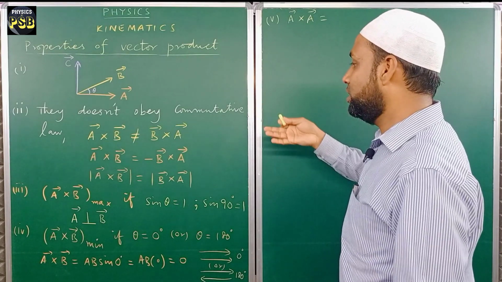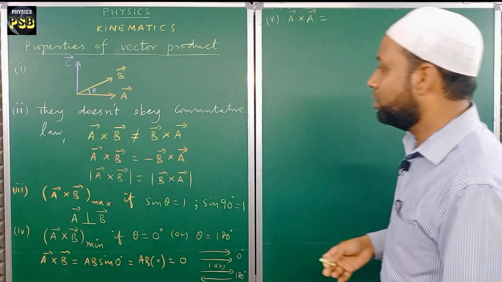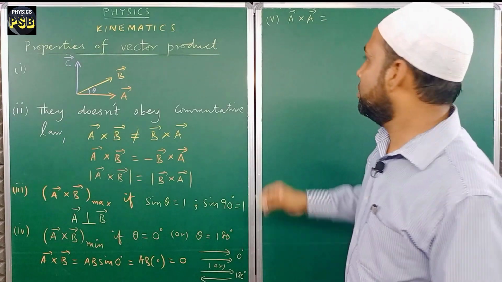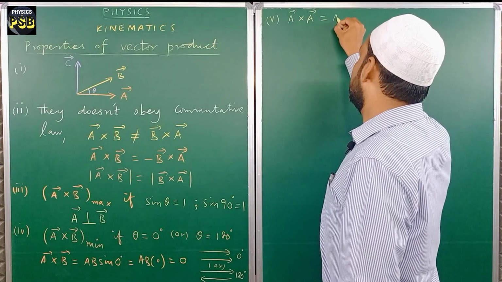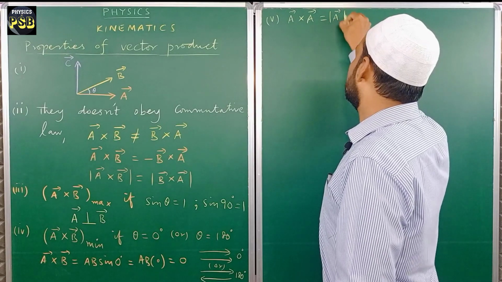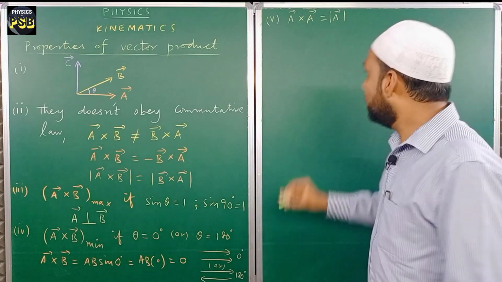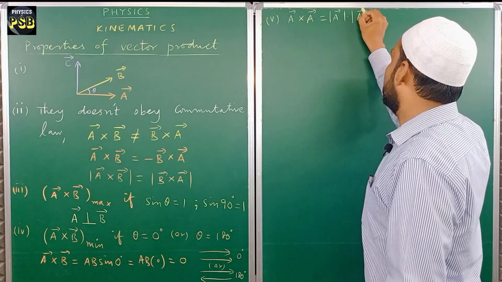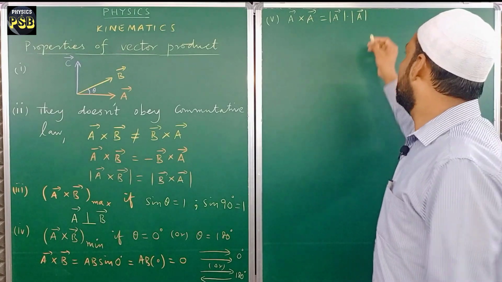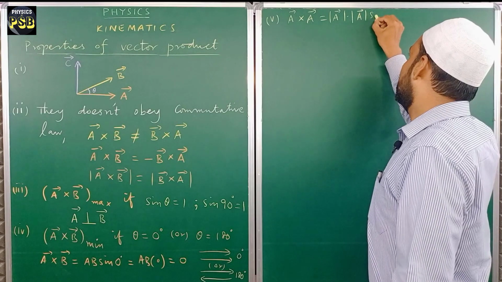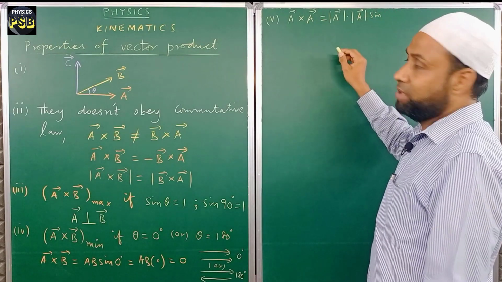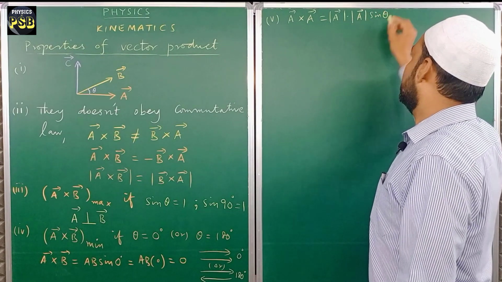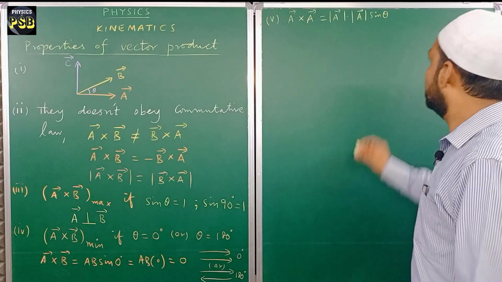Here, these two are expanded in this manner. I take the modulus of vector A. It is multiplied with the modulus of this vector, which is again the modulus of vector A. Then I take the sine of the angle between them. This is theta here. Clear?